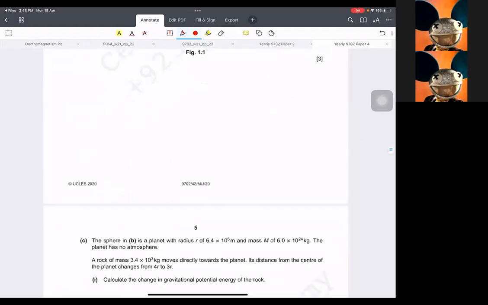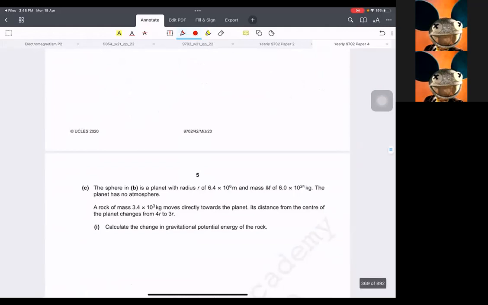Now, the sphere in B is a planet with a given radius, and the planet has no atmosphere. A rock of mass directly moves from 4r to 3r.